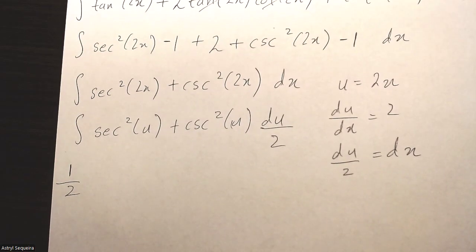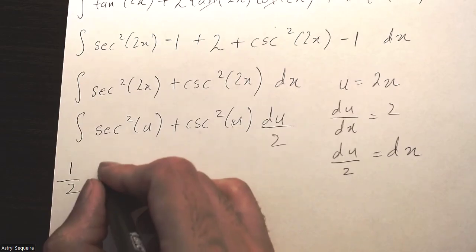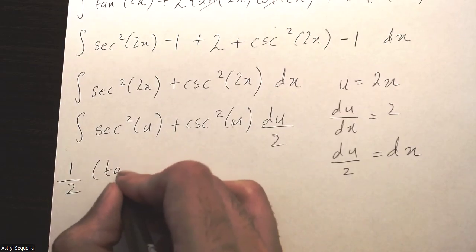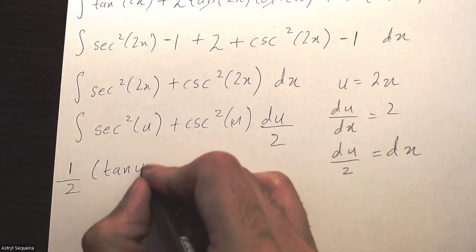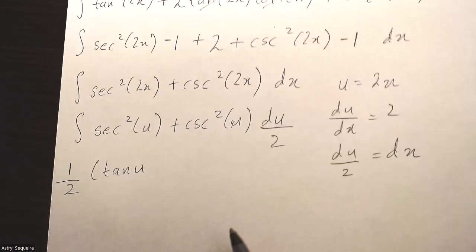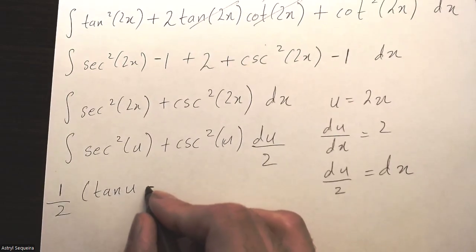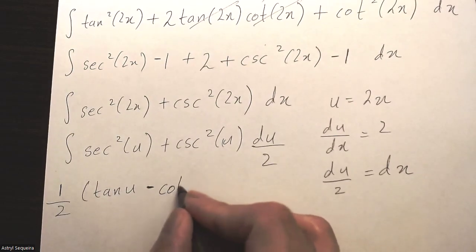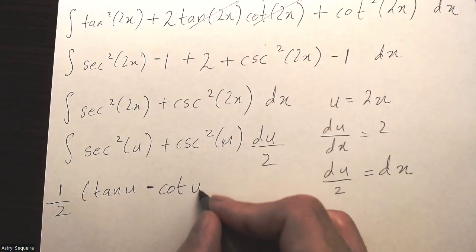And then I'm going to integrate this now. So the integral of sec squared is just tan u. And the integral of cosec squared is negative cot, so this is just going to be negative cot u.